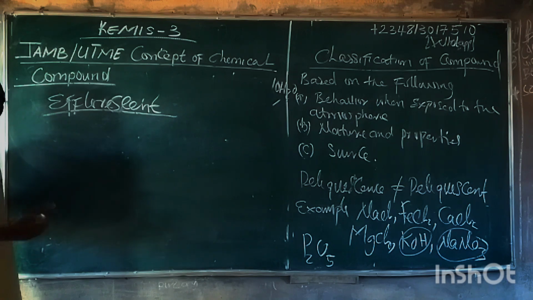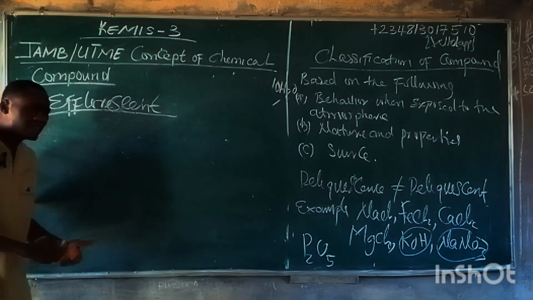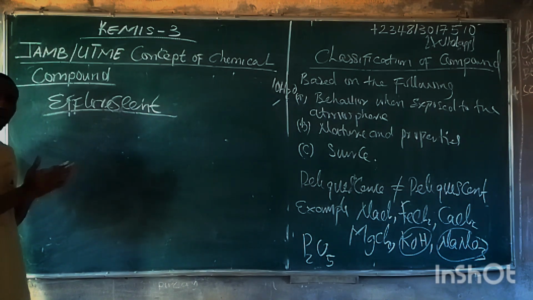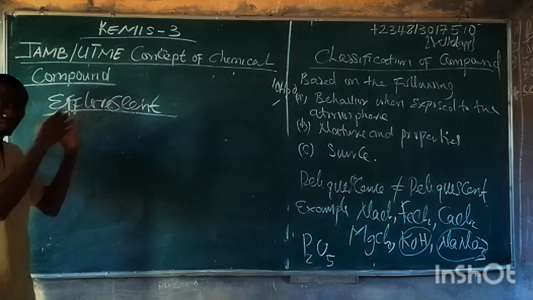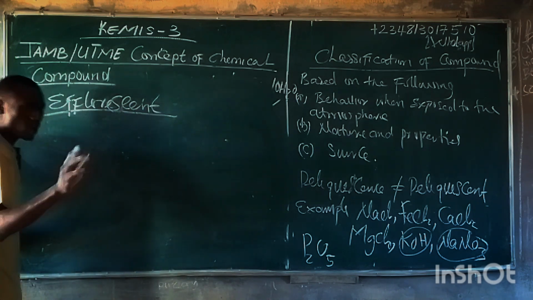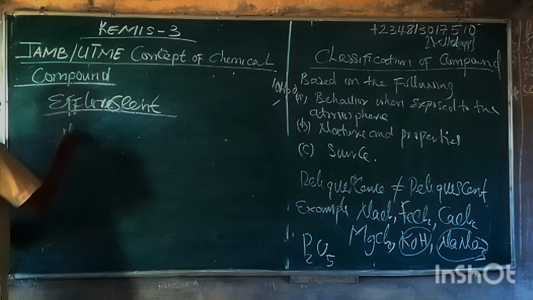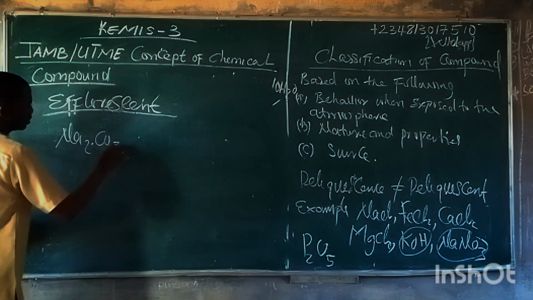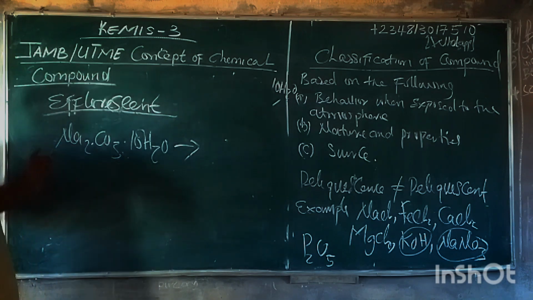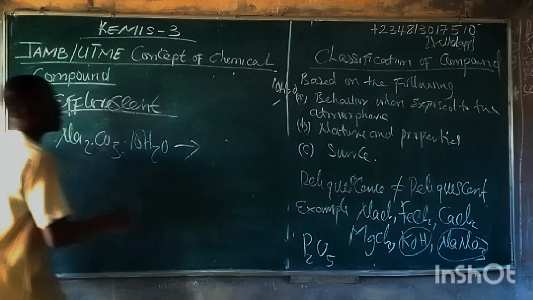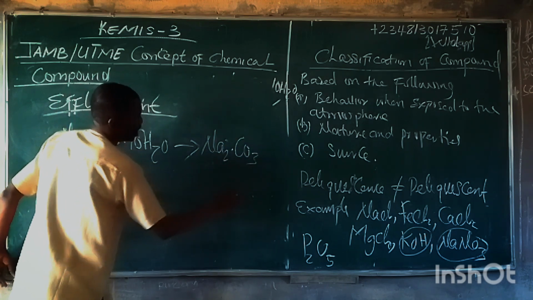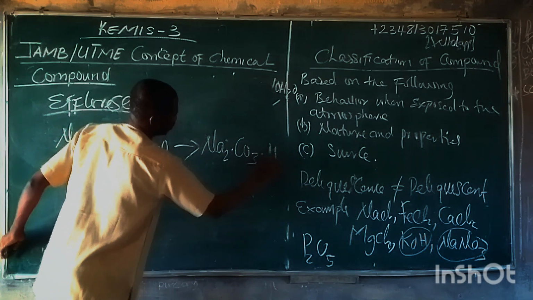Now, for a substance to be efflorescent, it means that it has the ability to lose water molecules when exposed to the atmosphere. Some of the compounds that do that is sodium carbonate decahydrate. This loses its water molecules and becomes sodium carbonate monohydrate, that is Na2CO3.H2O.